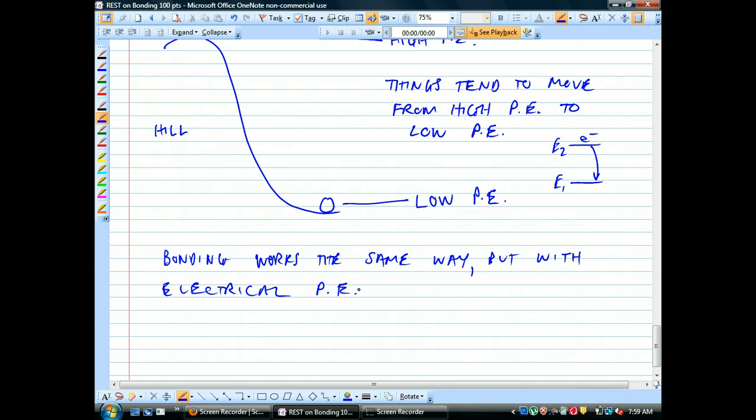So I can add potential energy to the system like this. Basically this is storing energy right now. And if I let it go, it will naturally move to a lower potential energy position. If I move them so they're attracted to each other, now it's just the opposite. Now if they're separate, they have high potential energy, and they will naturally move to a lower potential energy position.